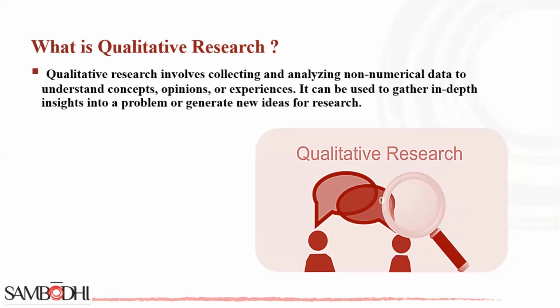The word qualitative stems back to around the 15th century from the Latin word qualitas, which means quality, an attribute, or a property. So it makes sense that qualitative research looks at the properties, the qualities, or attributes of things as opposed to quantities of things.